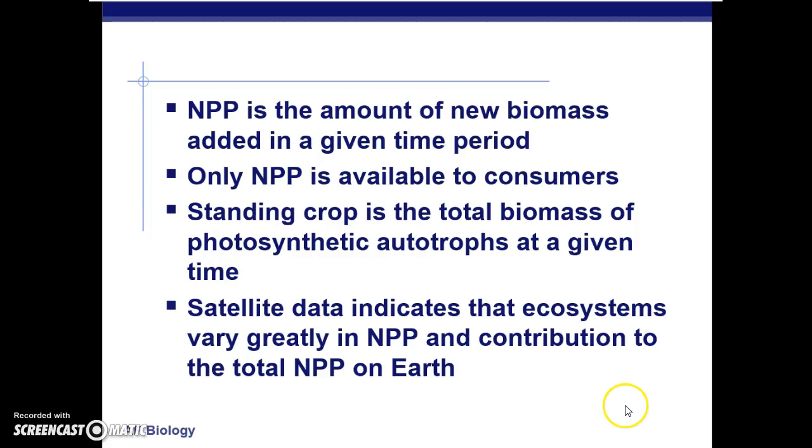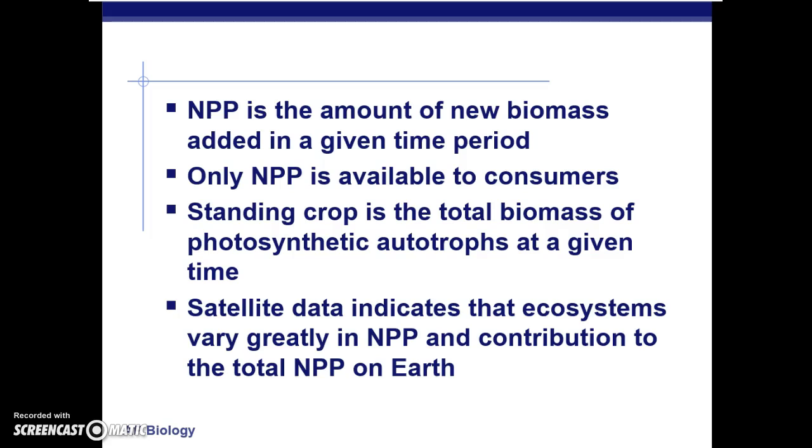The net primary productivity is the amount of new biomass added in a given time period. And it's only this net number that's available to the consumers now. So our primary consumers are going to be eating the net primary production. Another term that you're going to see is standing crop.